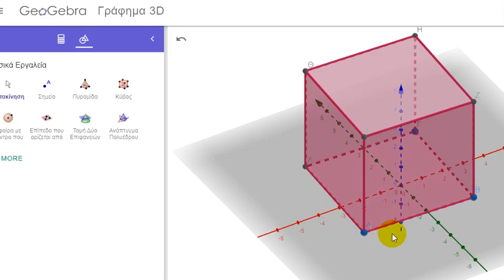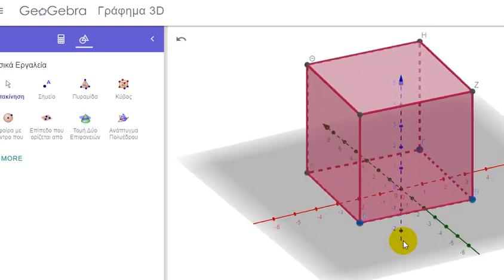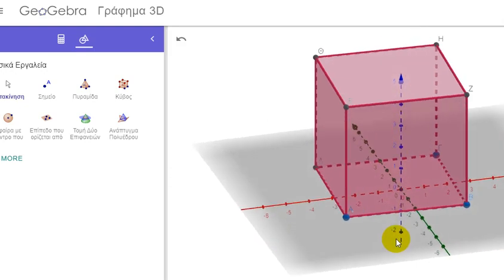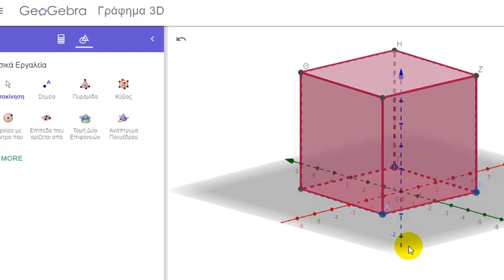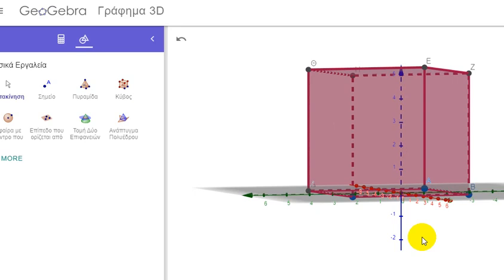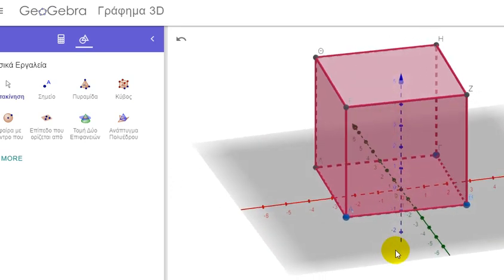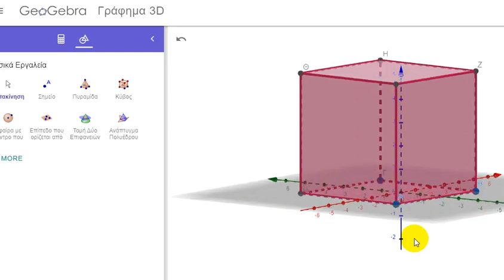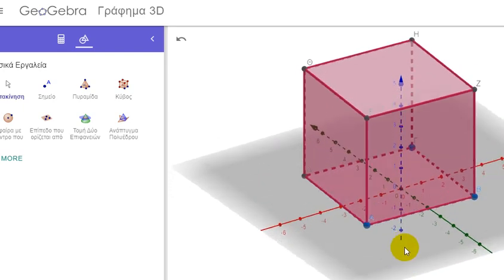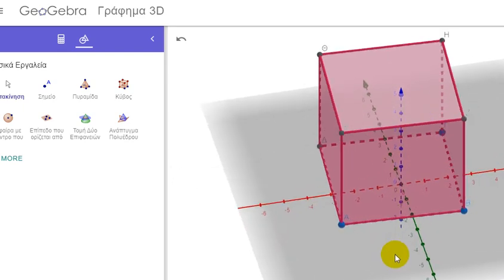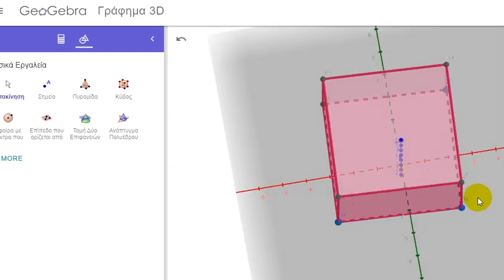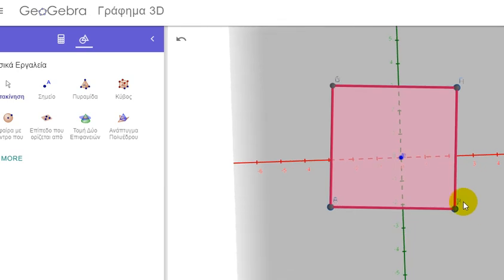So, to do that, we're going to use this little application that allows me to make a 3D shape. So here, as you can see, I've made a little box. Now I want you to imagine that this box is actually a house, okay? So if this is a house, imagine that we could fly and look at the house from above, okay?